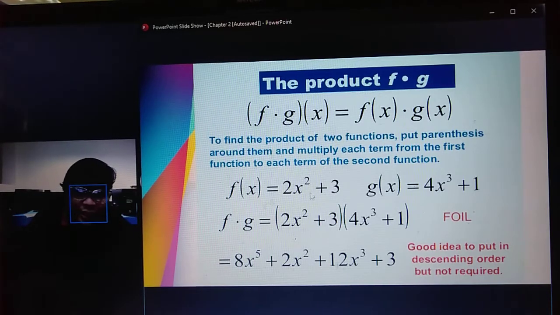Ayan, FOIL method ang gagamitin natin. So here, suppose we will multiply 2x squared plus 3 times g of x is equal to 4x raised to 3 plus 1. So FOIL method tayo. Ayan, sabi to FOIL. First, you will multiply first. So 2x squared and then 4x raised to 3. So 2 times 4 is 8.